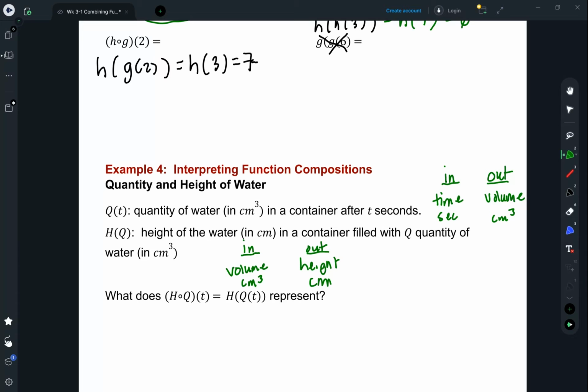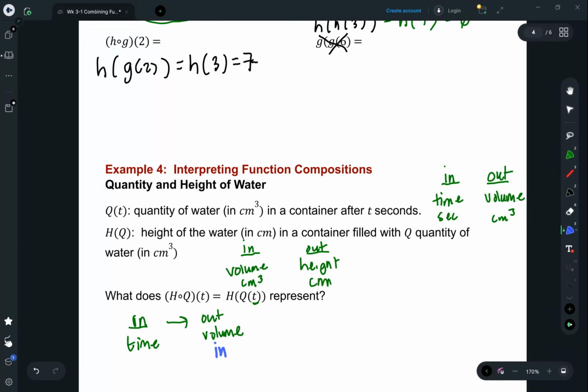So what does h of q of t represent? If we combine these two functions and put q into h, our input is still t, so that's time. What we get out from q of t, just like before, is volume. However, now we take that volume and make it an input into h.